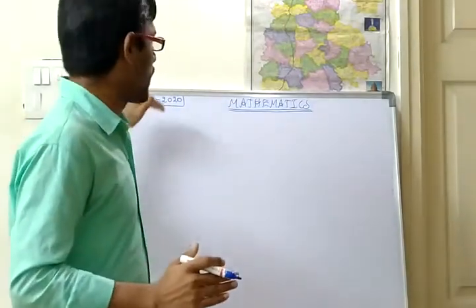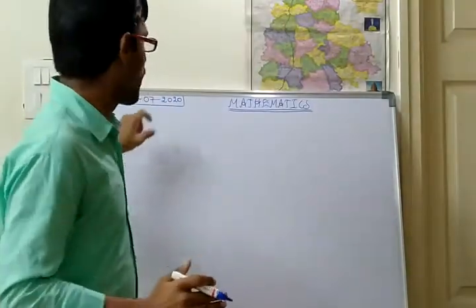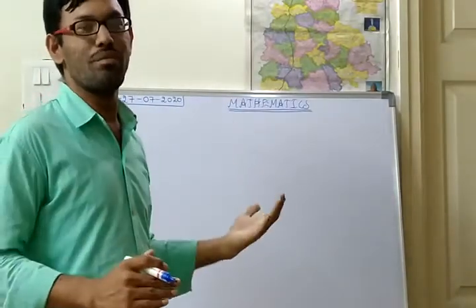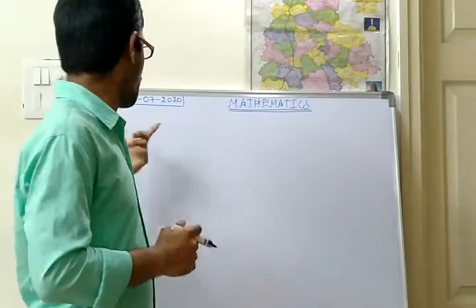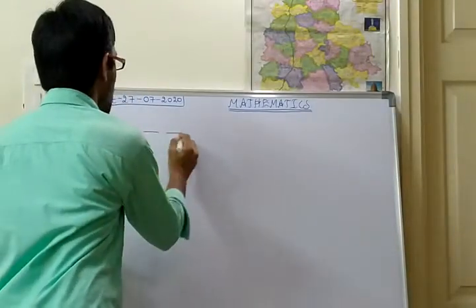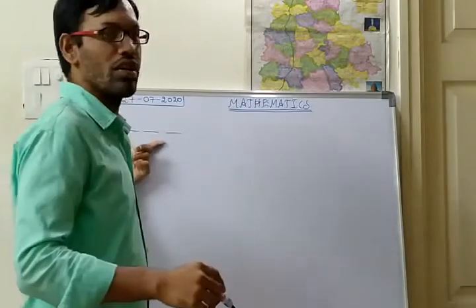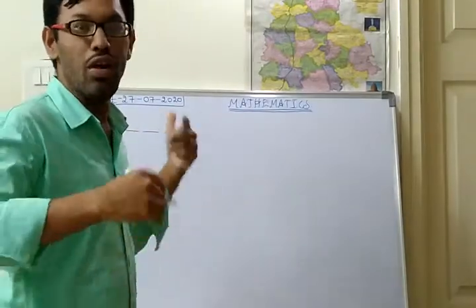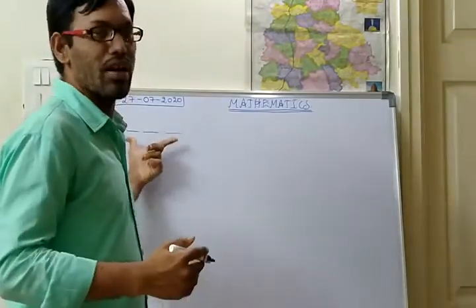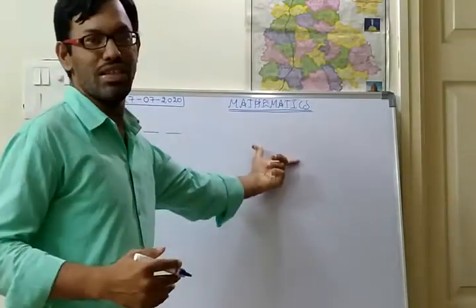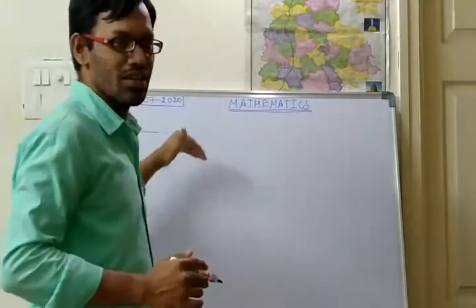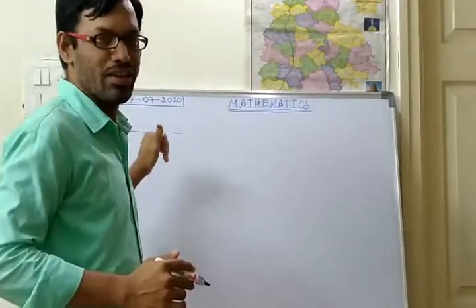In this class we shall see about the expansion of those places. How to expand? Suppose a number was given, any digit number. How do we have to expand this number? With the help of places.